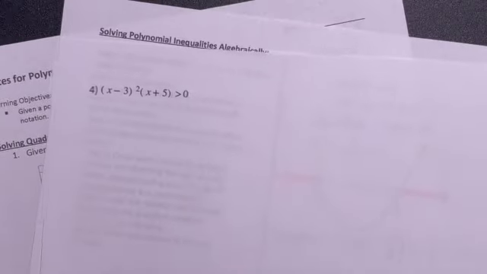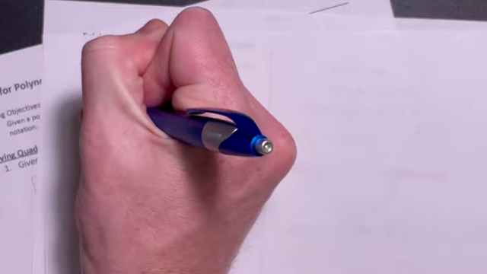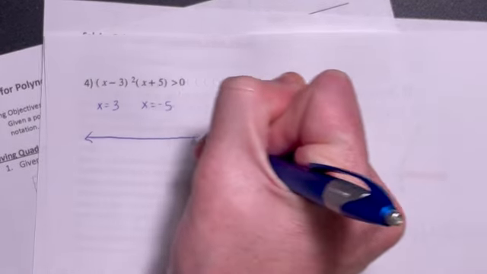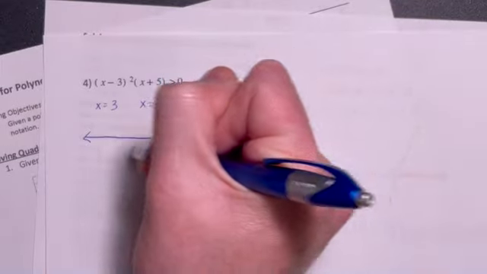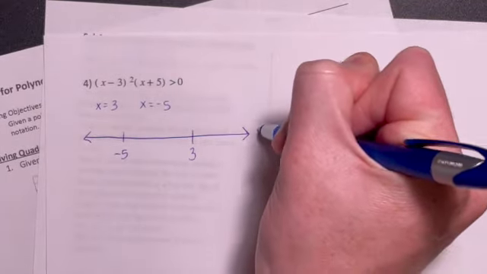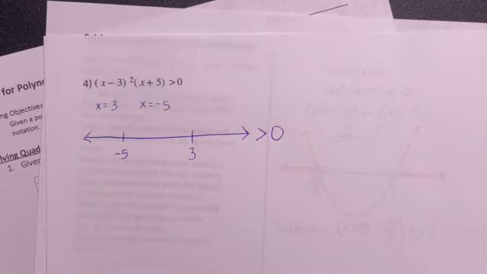So if we look at number 4, it's already in factored form for us. I can find when it's equal to 0, and that would be at +3 and at -5. If I did a number line with -5 and +3, our goal is to figure out when it's greater than 0.